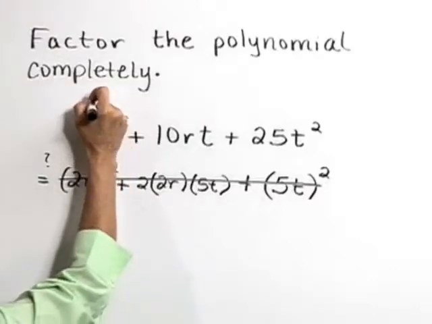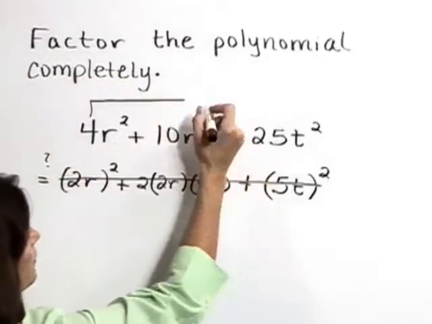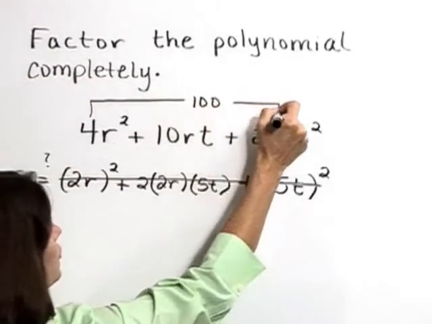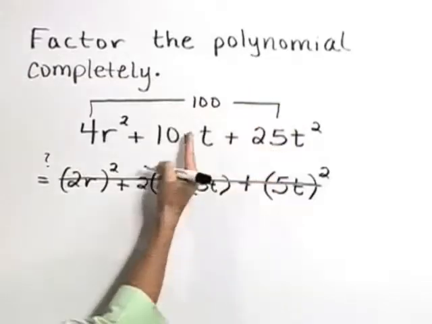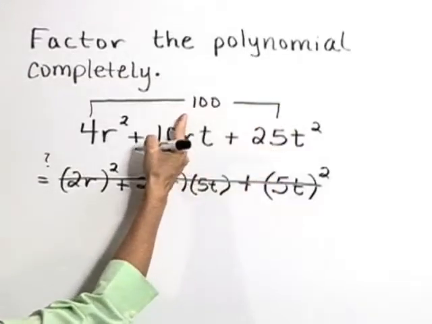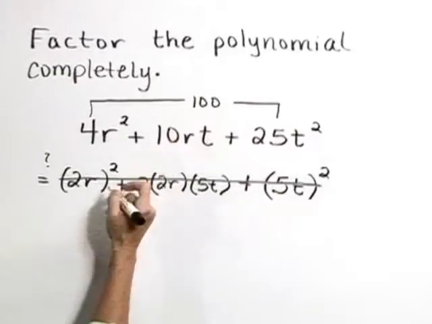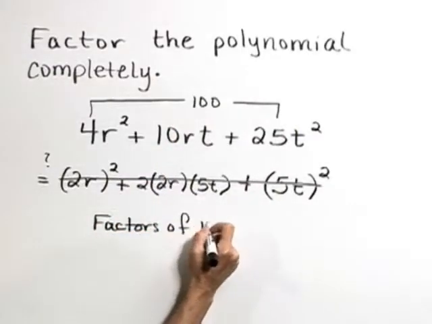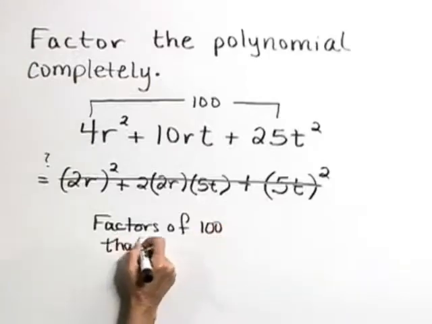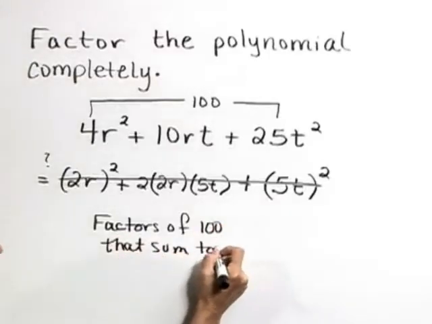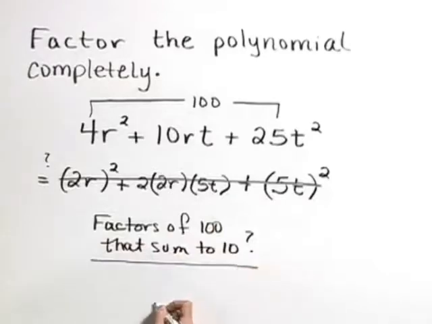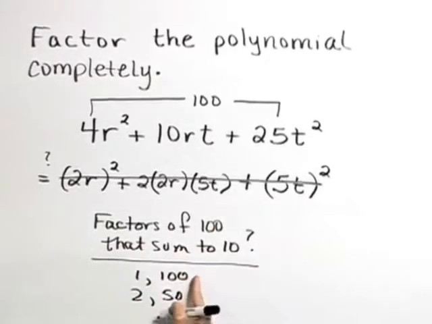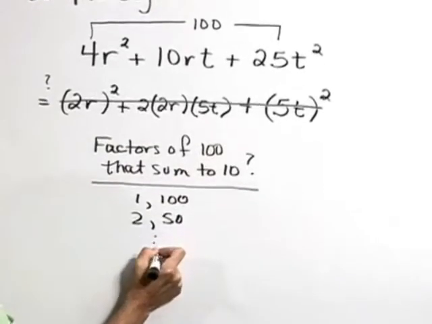Let's look at this outer product. 4 times 25 is 100. Now, are there any factors of 100 that sum to 10? Well, you might try 1 and 100 or 2 times 50, but we notice that these sums are way too large.